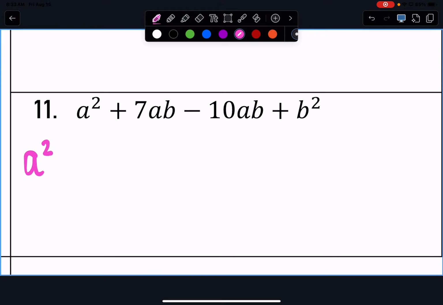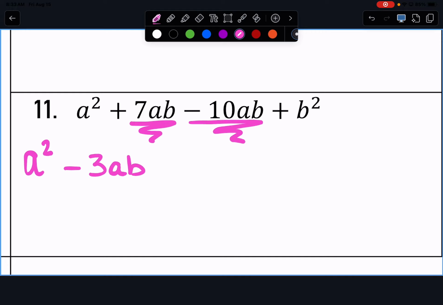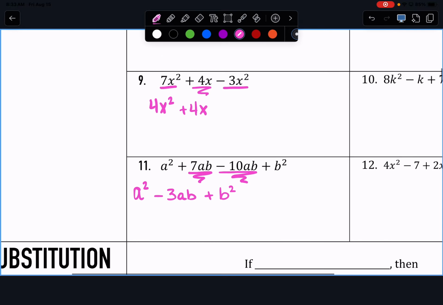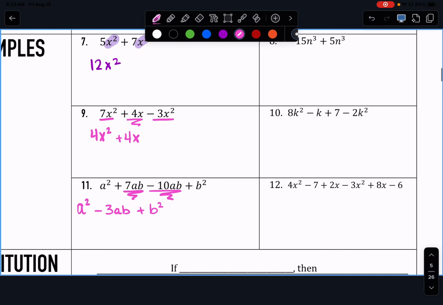So bring it down. Does 7ab have any like terms? Yeah, negative 10ab. And what is 7ab minus 10ab? Negative 3ab. And then we have plus b squared. All right, now y'all do those 3 evens for me.